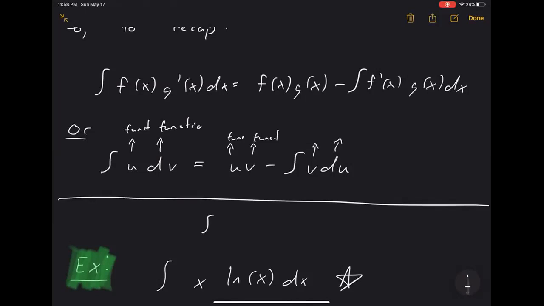If I had the antiderivative of x, x squared over 2, and the derivative of ln of x, which would be 1 over x, would that be easier to solve? Well, that's going to simplify to 1/2 x, right? And I can integrate that.